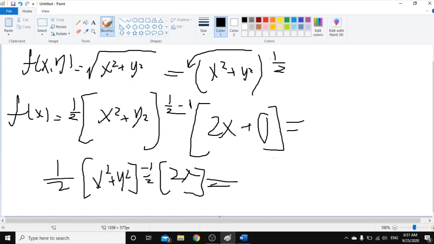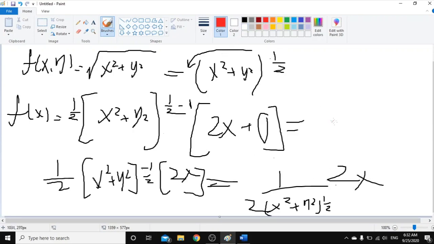This one is minus 1 over 2, so we can flip it to the denominator, so it will be 1 over x squared plus y squared to the 1 over 2, and here we have 2, and here we have 2x.